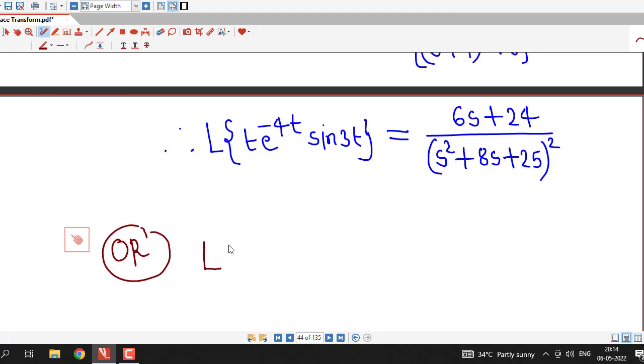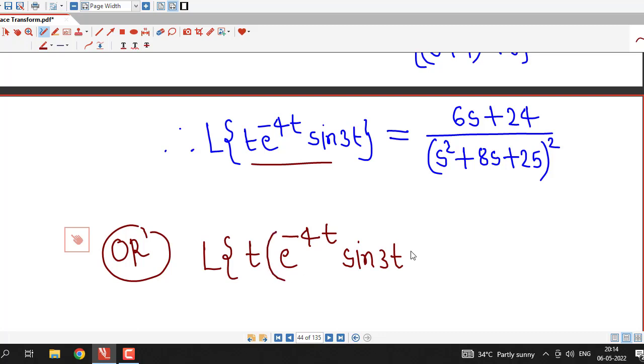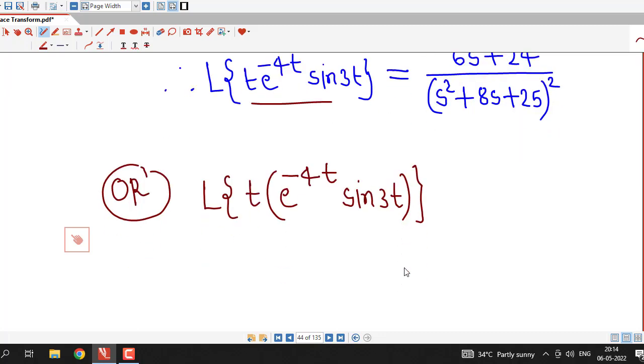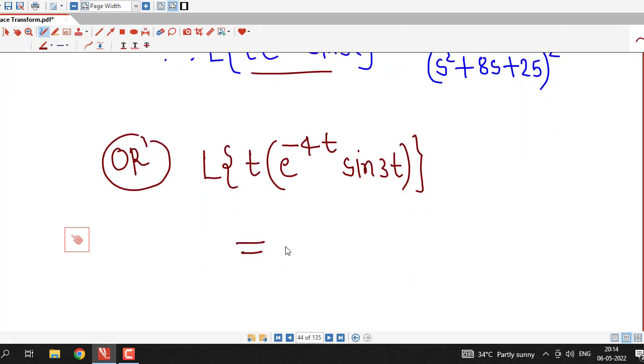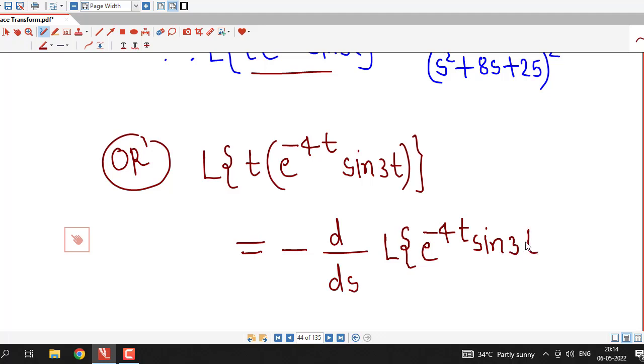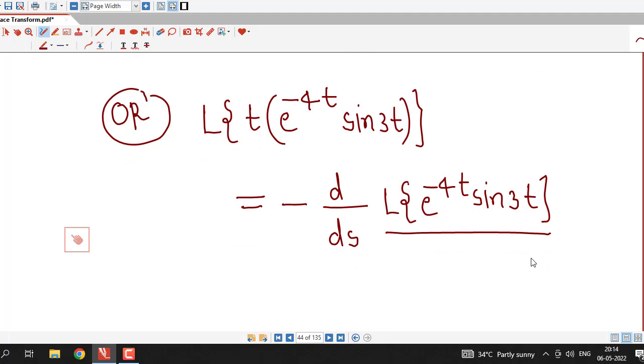If we wish, we can go in this way also. We can write this function as a function which is multiplied by power of t. So if we use the formula of multiplication by t, this is equal to minus derivative of Laplace transform of e raised to minus 4t sin 3t, and this we can obtain by using first shifting theorem.